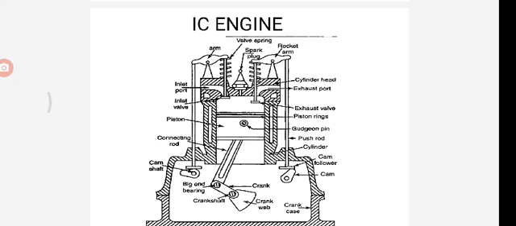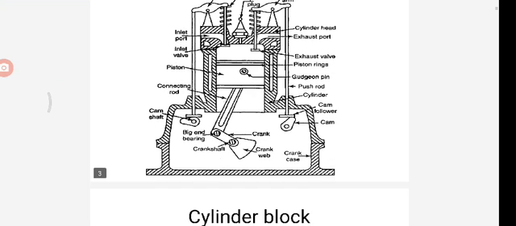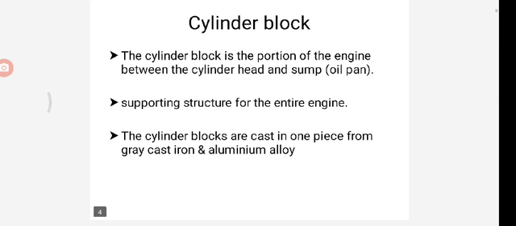Now, what is the cylinder block? This whole component is known as the cylinder block. The cylinder block is the portion of the engine between the cylinder head and sump. It is a supporting structure for the entire engine.